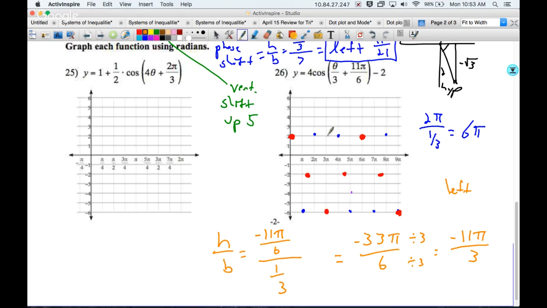So 1, 2, 3, a little bit less. This point ended up here. This point, 1, 2, 3, 4, a little bit less. Ends up right about there. And then the period is every 6 pi, so 3 pi later, it's a minimum. 3 pi later, it's back to about there.